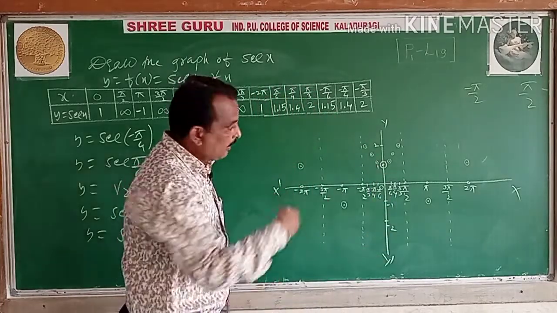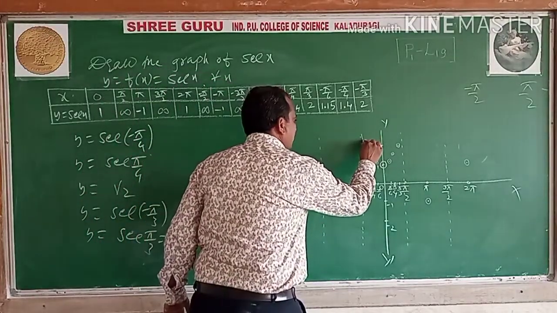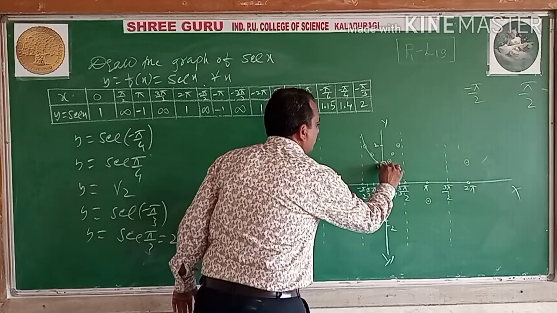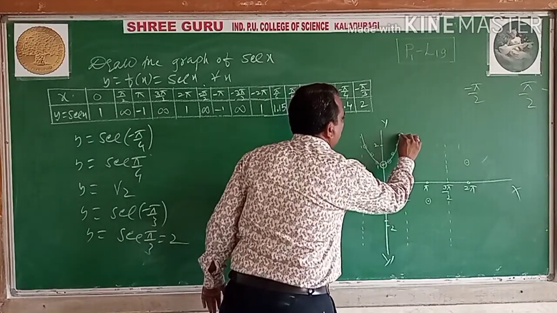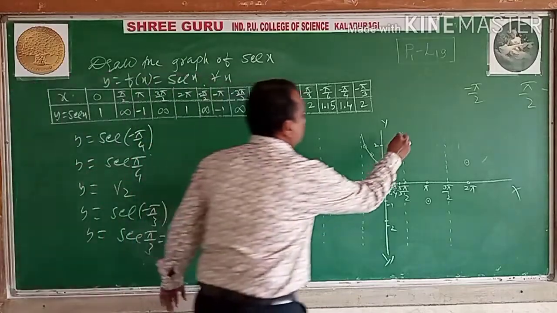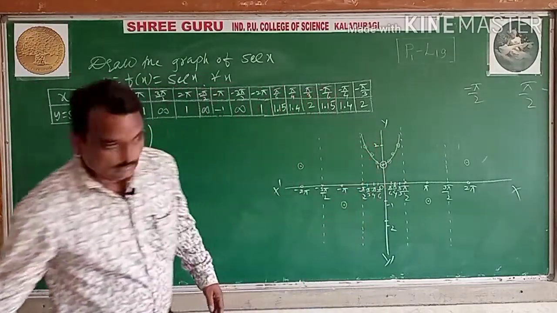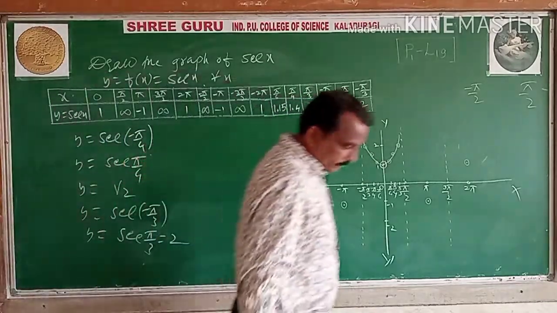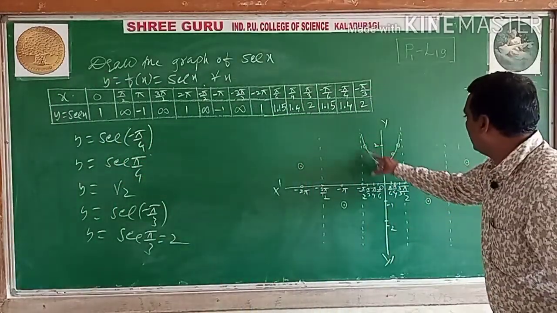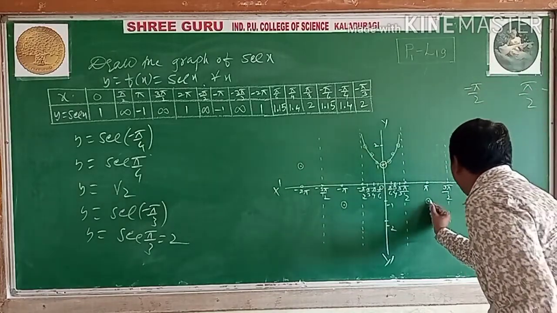See here, we are getting the graph only above 1. Between the infinity lines, you get the curve like that, after 1. This is the infinity line. Similarly, I will take it like that here at minus 1.